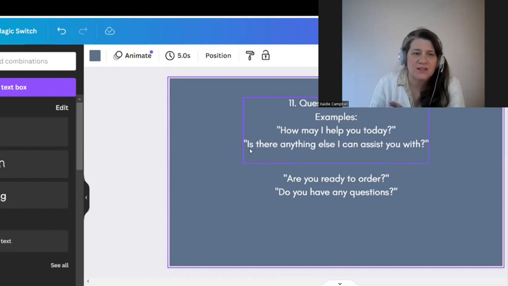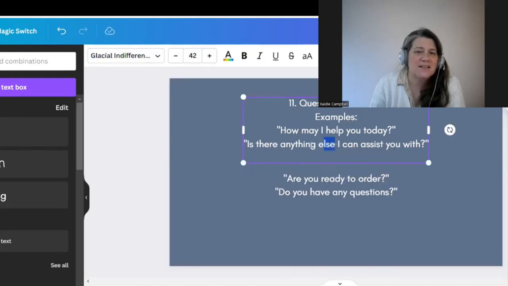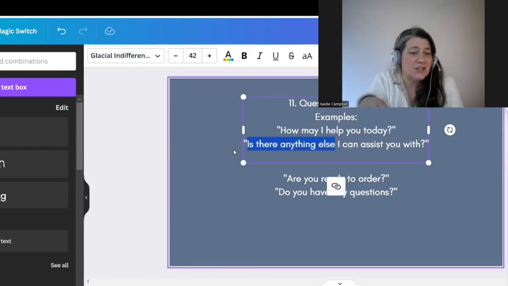Whenever you use it, it's just going to be strange. So with the be verb, we don't have a base verb. Is there anything else? And then we have a second part of this sentence, I can assist you with. Can assist. You could cut this, is there anything else, out completely and just say, can I assist you with.